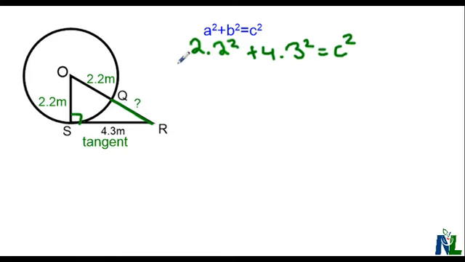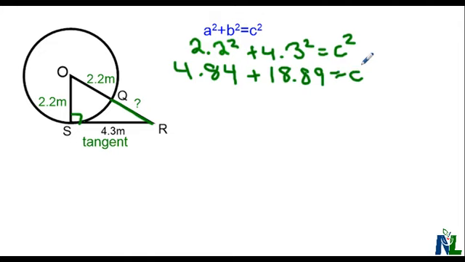2.2 squared, or 2.2 times 2.2, is 4.84. 4.3 times 4.3 is 18.89. I'm going to go ahead and add those two up, and we'll get 23.33. That's our value for c squared.